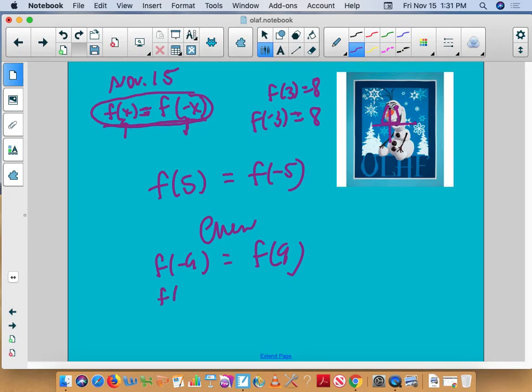So what if I go f of 100.2 and f of negative 100.2? If it's indeed even, those should be the same. For any point you pick out in the whole wide world, if it's even, what should happen? They should be the same.